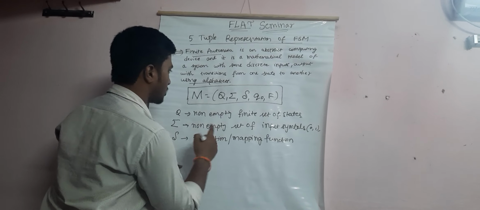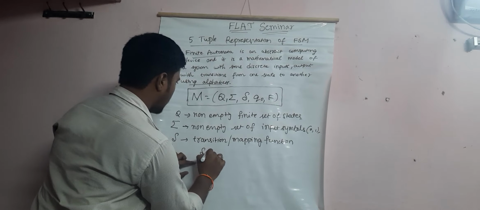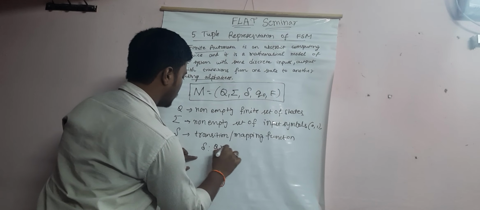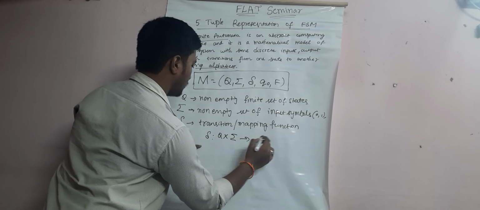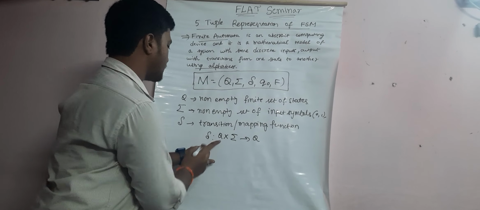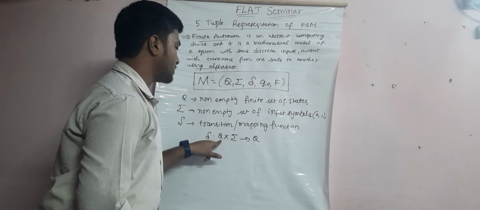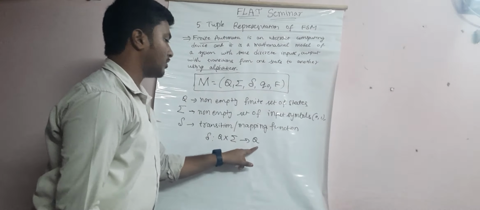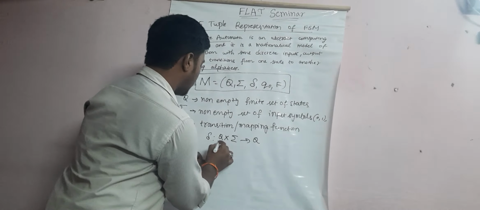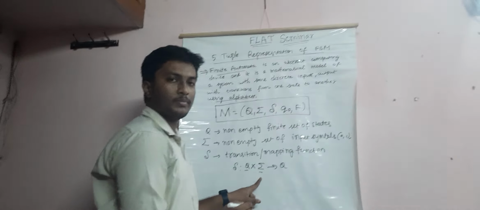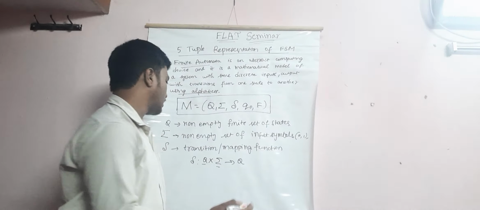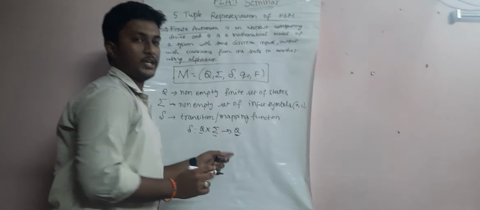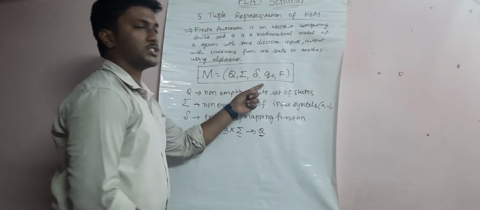So it can also be mentioned as delta maps from Q cross sigma to Q. So from one state, if we take an input symbol from the alphabets, it will move to another state. So that is about the delta transition function.